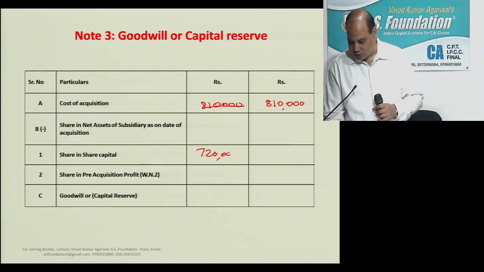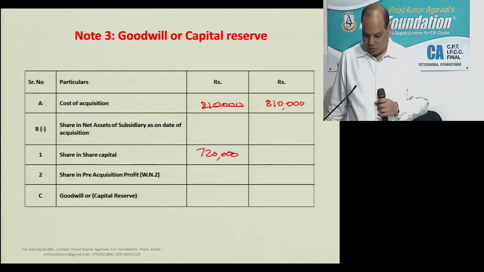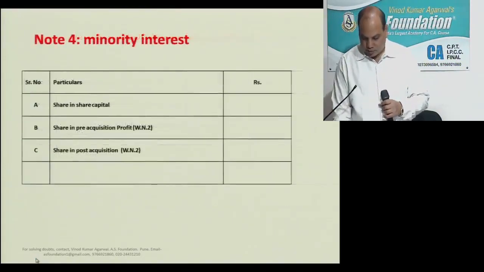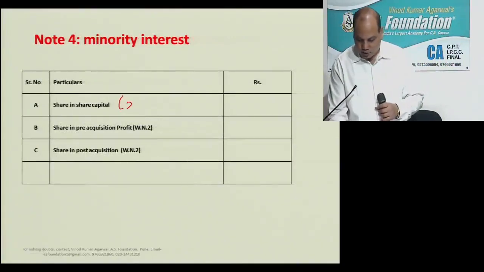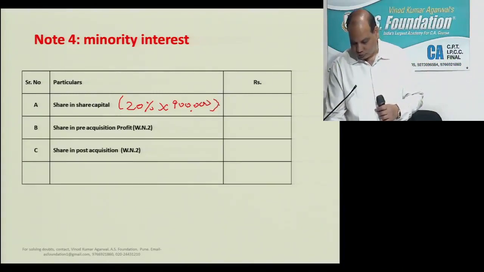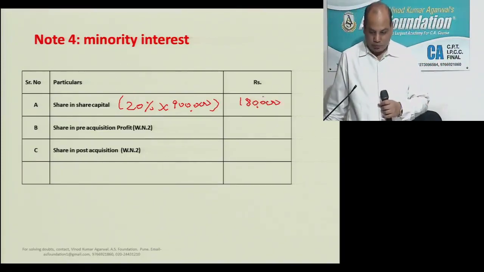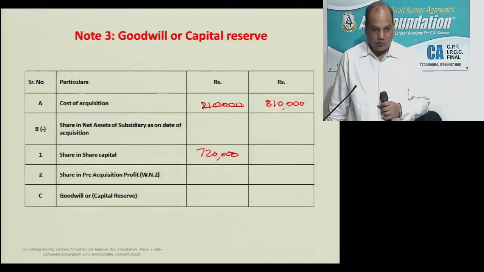Write in bracket 80% of 9 lakh. Afterwards you will not be able to remember. Come to working note number 4, minority interest. Share in share capital, 20% of 9 lakh, amount 1,80,000. Any query?